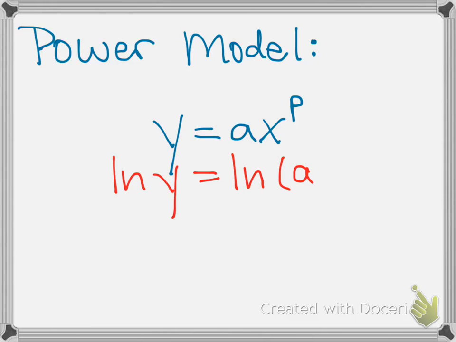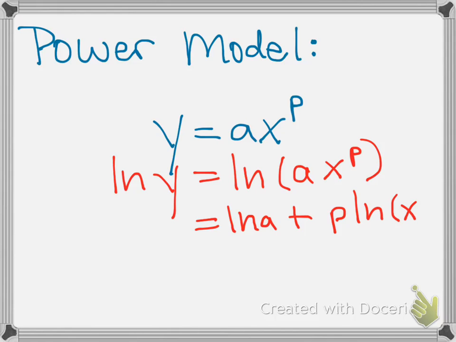So on the right side of the equation, we get the natural log of a times x to the p power. And we're going to use those exact same properties of logarithms that we used before to rewrite the right side of this equation. So we end up with the natural log of a plus p times the natural log of x.